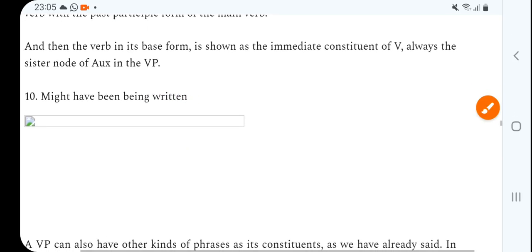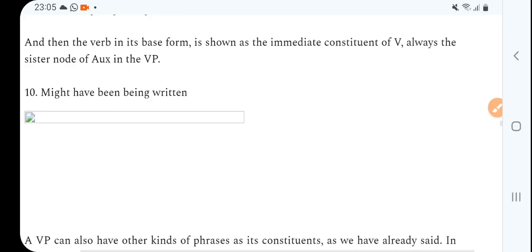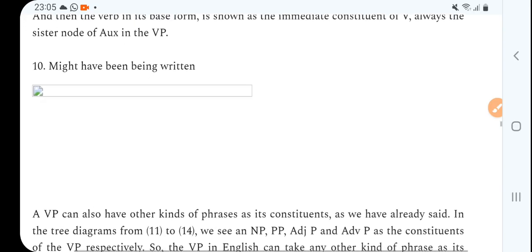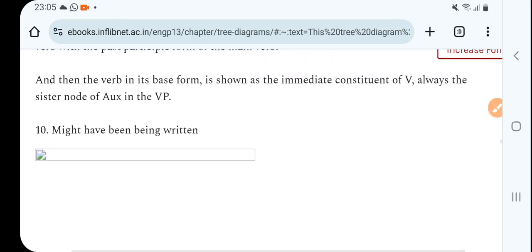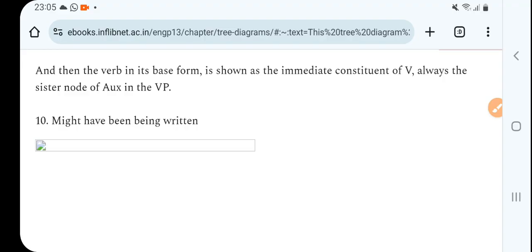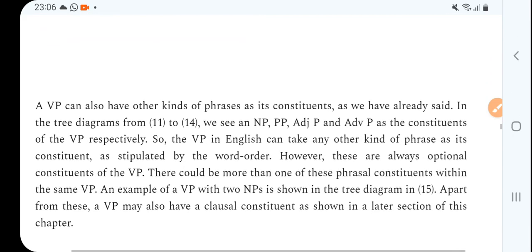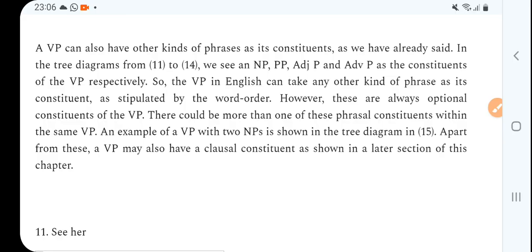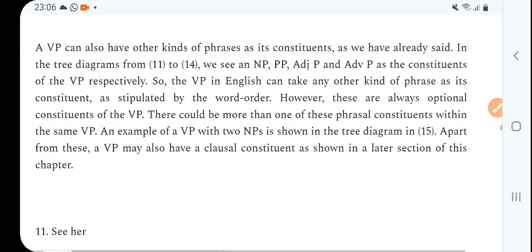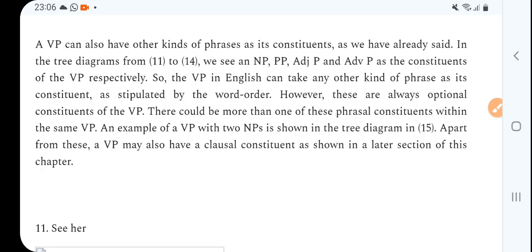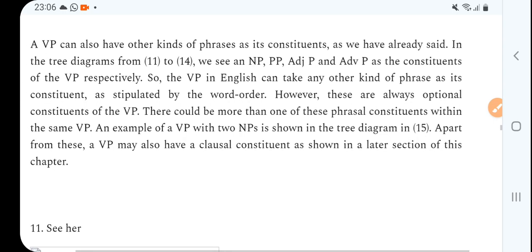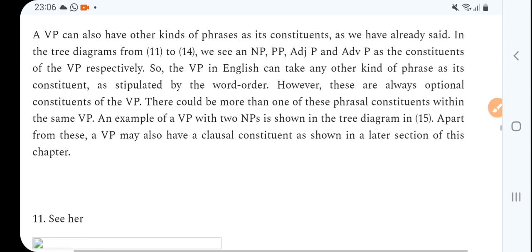And then the verb in its base form is shown as the immediate. Some of the words actually I am not able to tell you in detail because that is not being opened, but yes, might have been being written, right? So a verb can also have other kinds of phrases as its constituent, as we have already said.